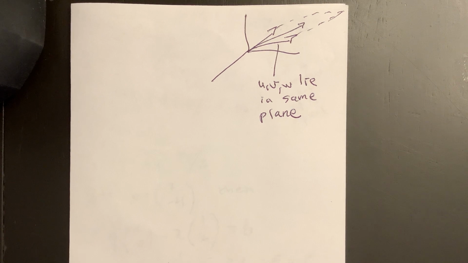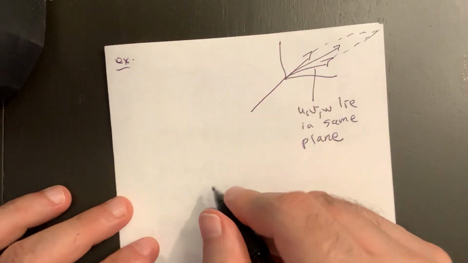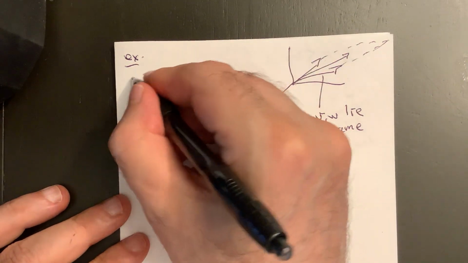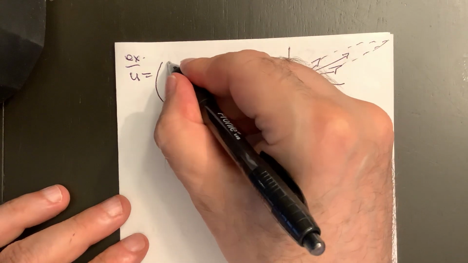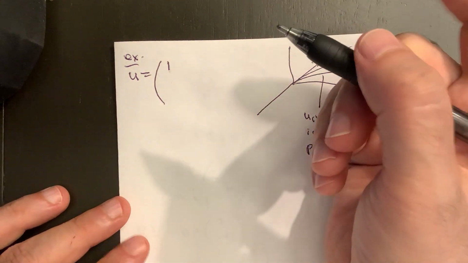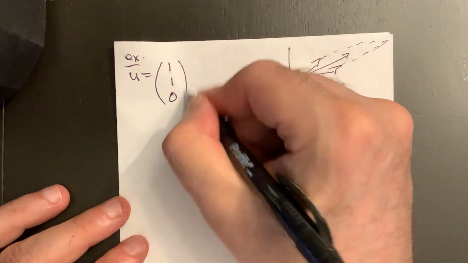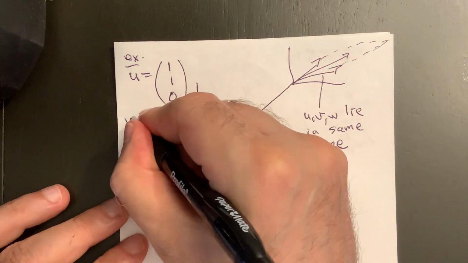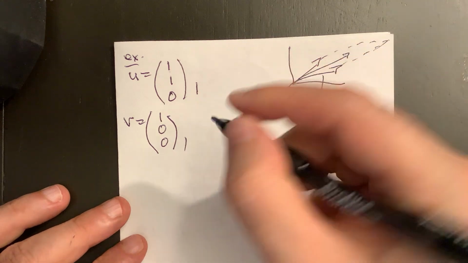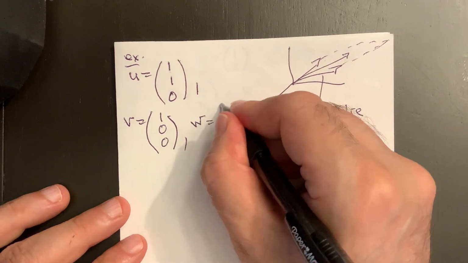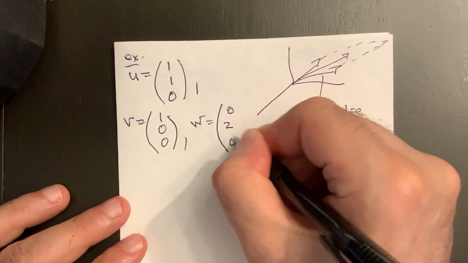Okay, so let's give a numeric example of this. Suppose I have u equals, let's pick something not too hard here, u equals 1, 1, 0, and say v equals 1, 0, 0, and say w equals 2, 0, 0, like that.